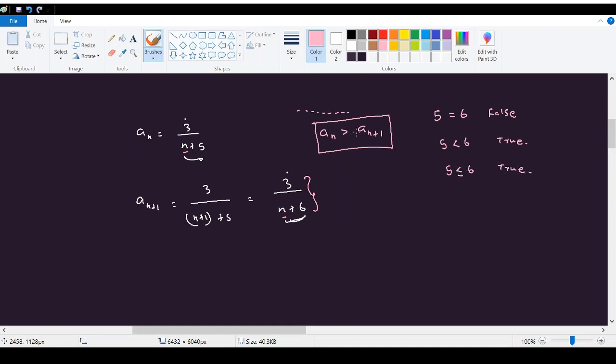So in place of a strict inequality, you can even have this equal sign as well. And here, if you say 5 equals 5, that is true, right? And if you say 5 greater than 5, that is false. But we can say 5 greater than or equal to 5, that is true.